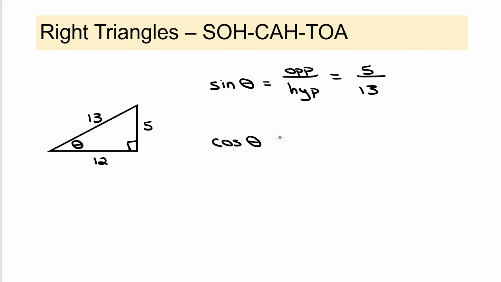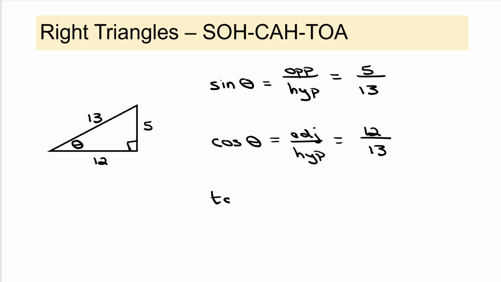Cosine of theta, so that's our CAH. Cosine of theta equals adjacent over hypotenuse. So look to your triangle. The side touching theta but not the hypotenuse is 12, so that's my adjacent. And the hypotenuse is 13, so that's the cosine of theta. Cosine of theta is 12 over 13.